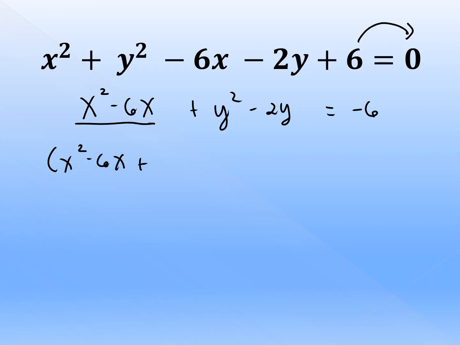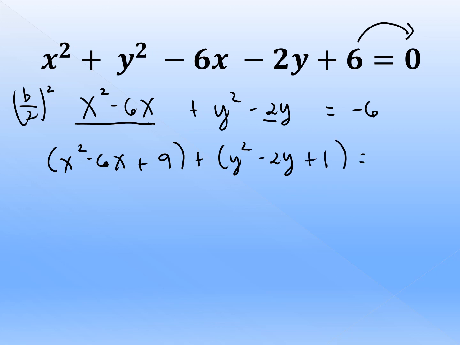Using b over 2 squared, our b is 6. 6 divided by 2 is 3. Squaring that 3, we have 9. Plus, we have y squared minus 2y. Our b is 2. So 2 divided by 2 is 1. 1 squared is 1. So we have plus 1 is equal to, bring down negative 6. And then since we added 9 and 1 here, we have plus 10.